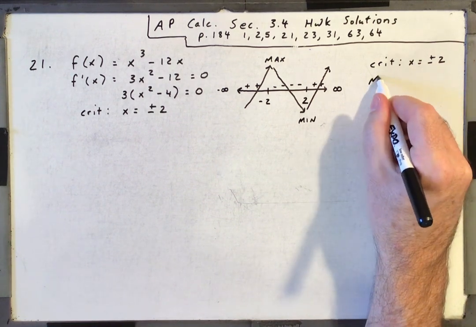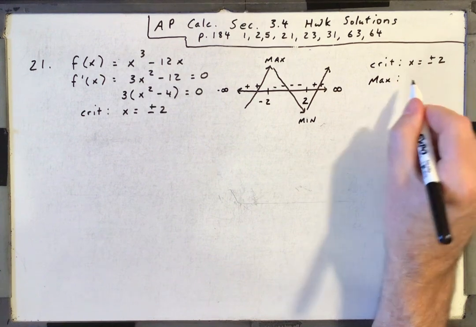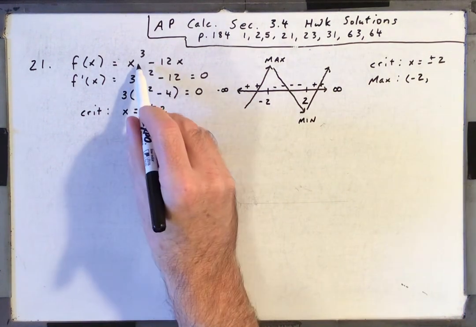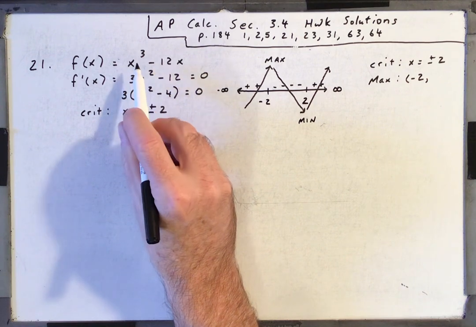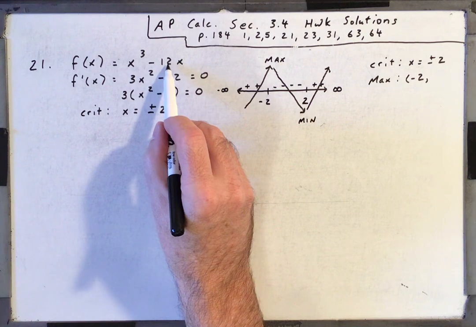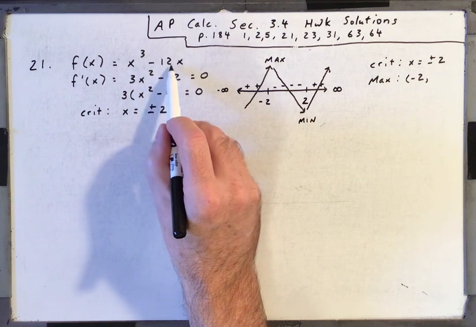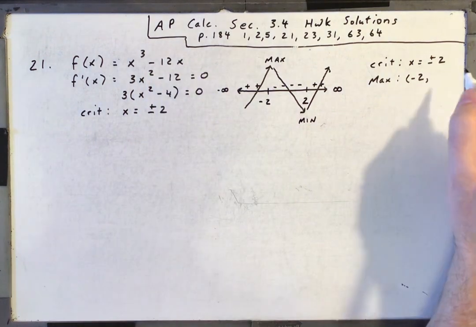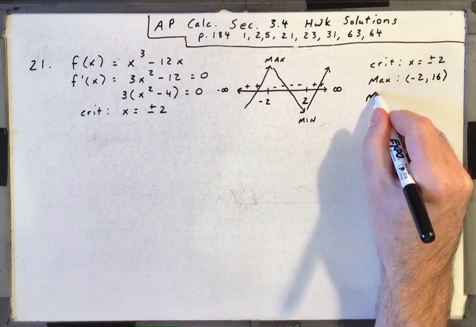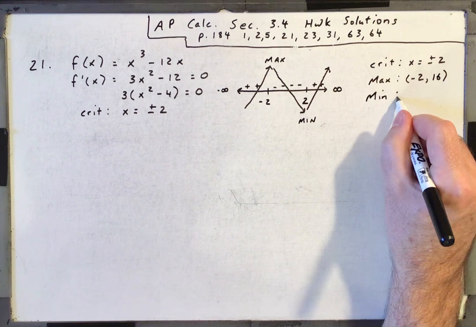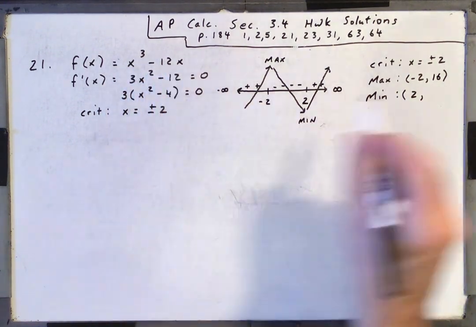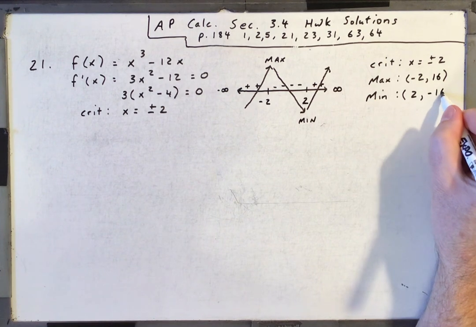We have a max at the point negative 2, and then we plug back into the original equation. Negative 2 cubed would be negative 8 minus 12 times negative 2. That'd be negative 8 plus 24. So that's 16. We have a minimum at 2. So that'd be 8 minus 24, negative 16.